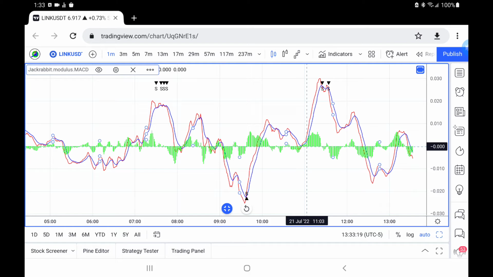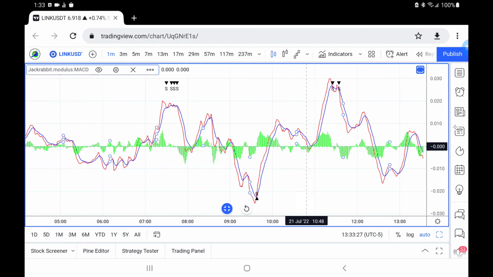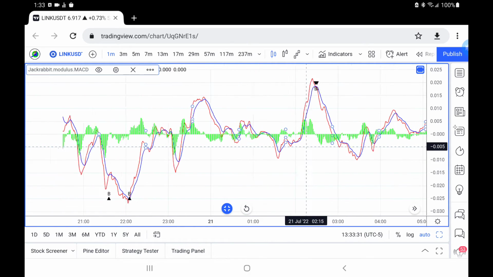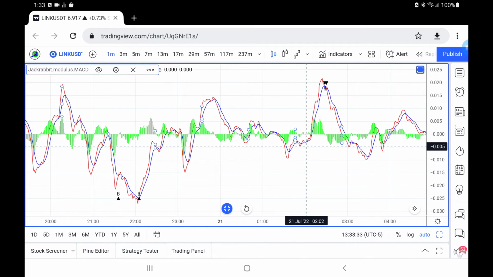So as you can see, the new filtering system really hones in on what you are looking at. And you can see a lot of crossovers that just don't meet the grade. Now this means better profitability by getting rid of weaker signals.